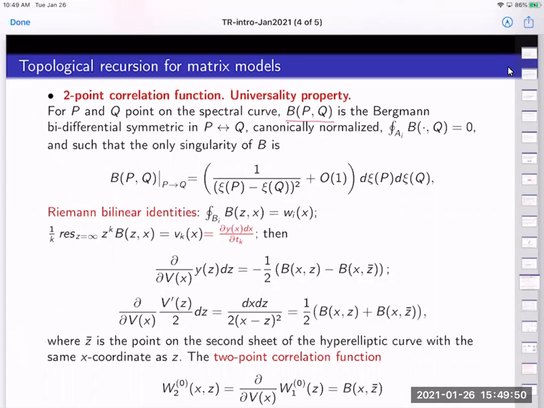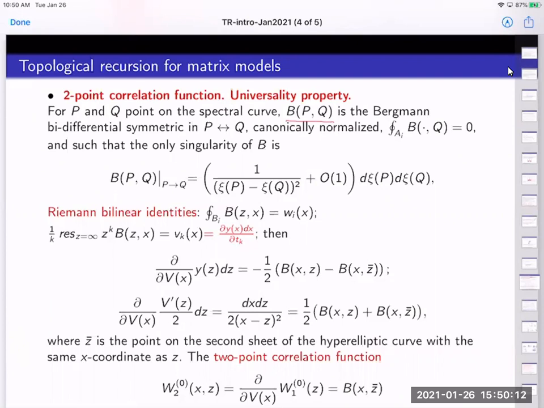Okay, so it's a bidifferential that is symmetric with respect to exchange of points on the Riemann curve. It's canonically normalized on A cycles, so all integrals over A cycles are zero. And its only singularity is on the diagonal, when these two points coincide, and then it has a double pole.